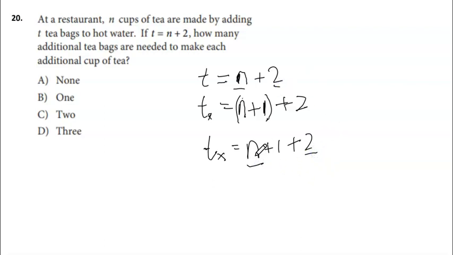So if we combine n plus 2, we're going to get t subscript x equals t, which is n plus 2, plus 1, right? So what this tells us is that anytime the number of tea bags increases by 1, the number of cups goes up by 1, right? So our answer is B.